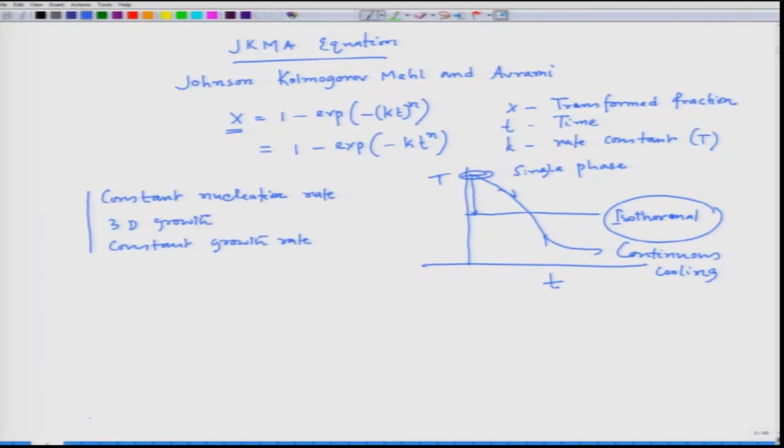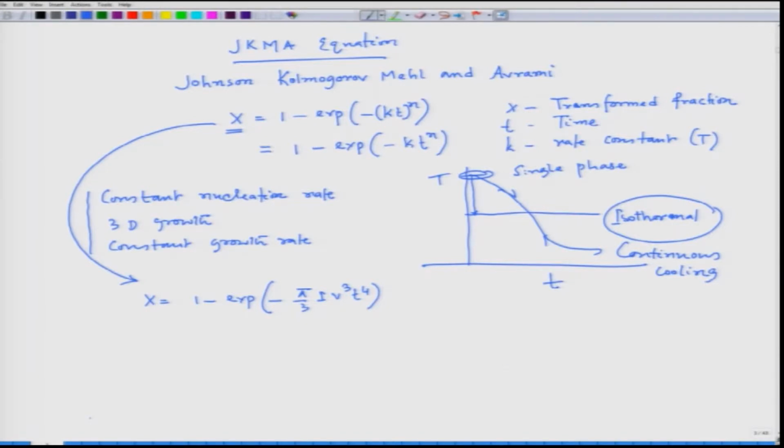If we have these 3 conditions, then this expression takes a form like this: x equal to 1 minus exponential minus pi by 3 I v^3 t^4. If we go back to our lectures in phase 1, you will see how this has been derived, and this is valid in case of spherical nuclei and also spherical growth.